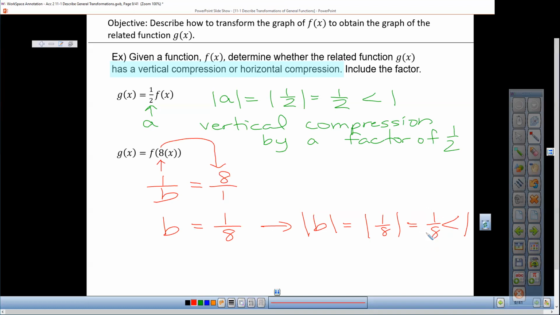The type of compression we have to realize now, because we're working with 1 over B, or B, is horizontal. So this gives us a horizontal compression by a factor of 1/8.